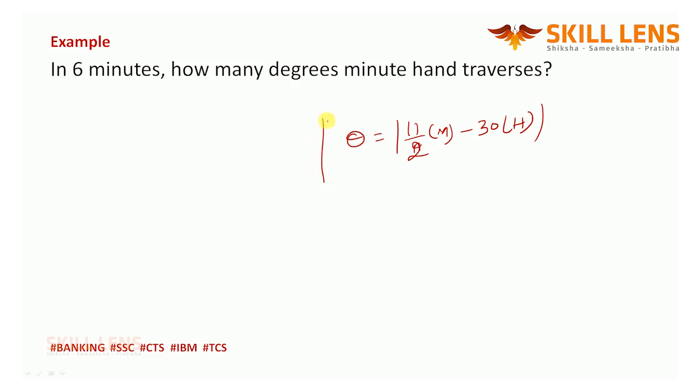Throughout the concept, we have not used this formula even once. But if you are facing any trouble understanding the general way, please use the formula, where h is hours and m is minutes. When the time is given, just plug in the values and get your degrees. Hope everybody understood this formula. Thank you.